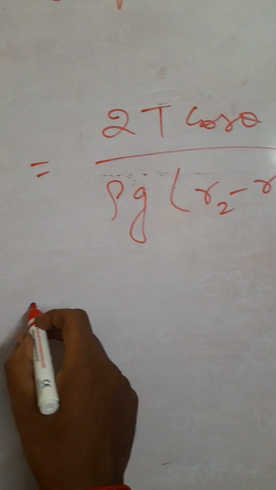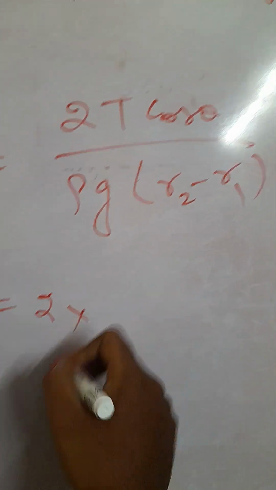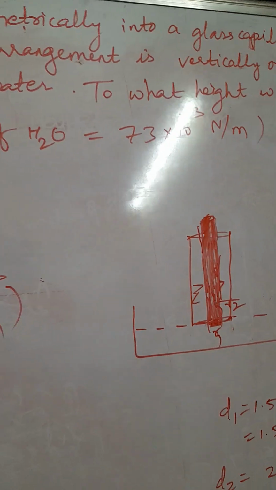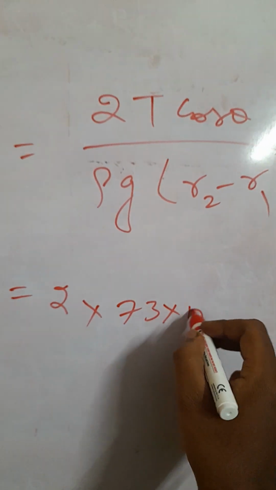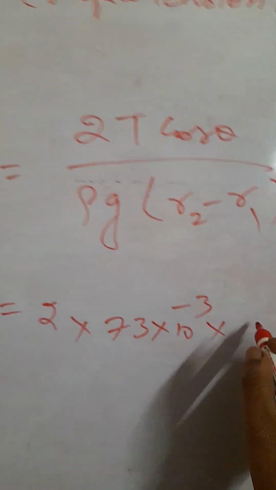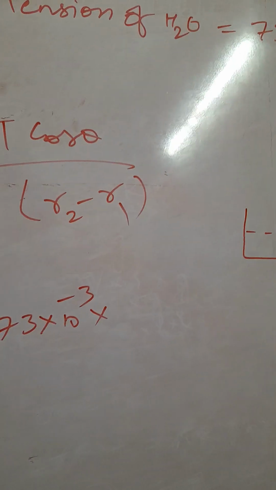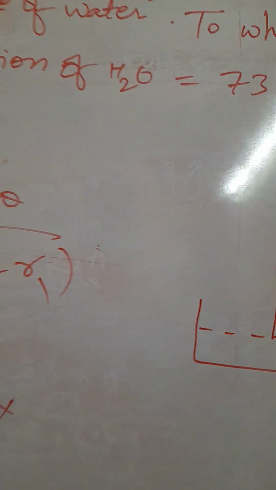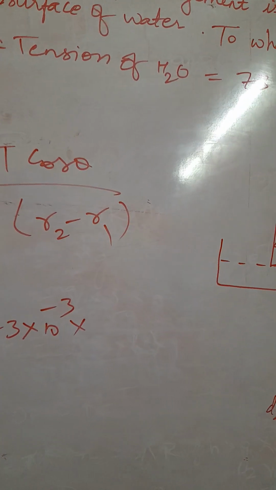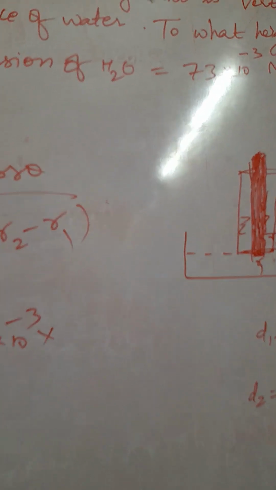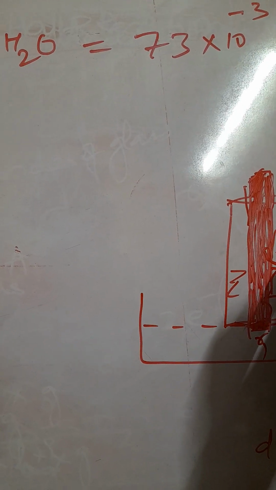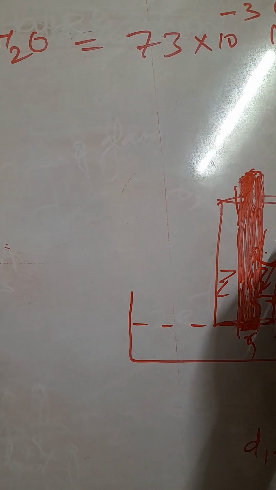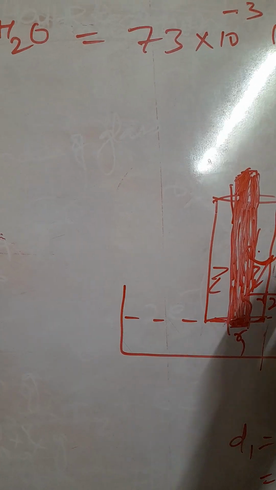So what about T? They gave it in the question itself. It is 73 into 10 power minus 3, into cos theta. Normally the angle between the water and the glass tube is about 8 degrees.